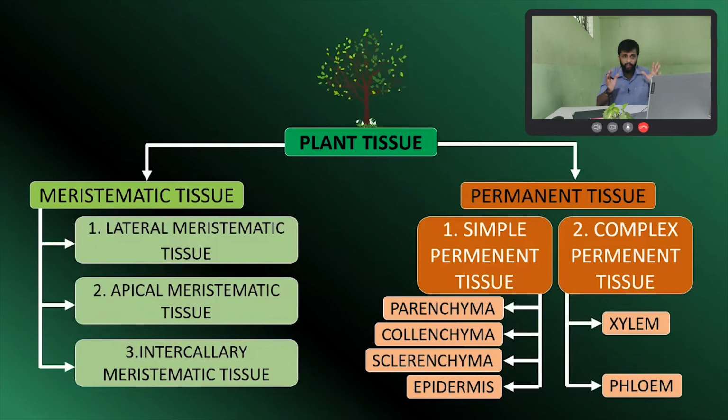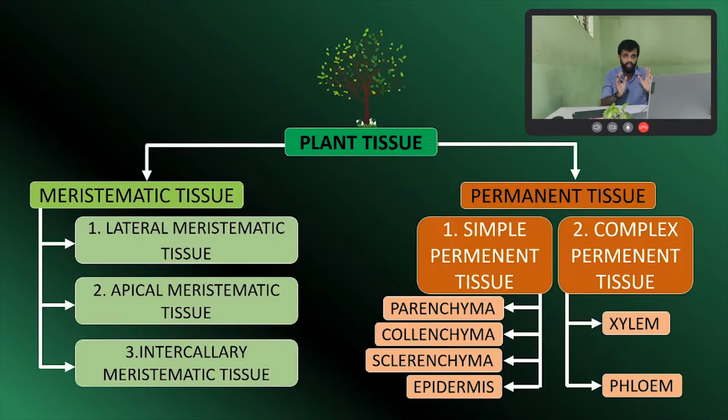So the entire plant tissues of different parts of the plant can be summed up in this slide: meristematic tissue, permanent tissue, and the subcategories under all these. In today's class we'll discuss and learn only about meristematic tissue and nothing more than that.